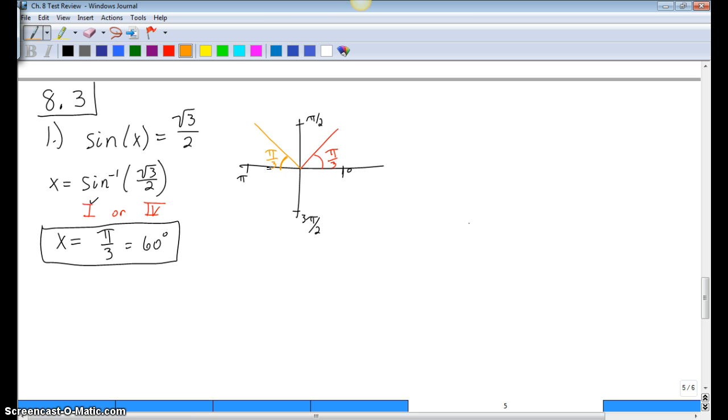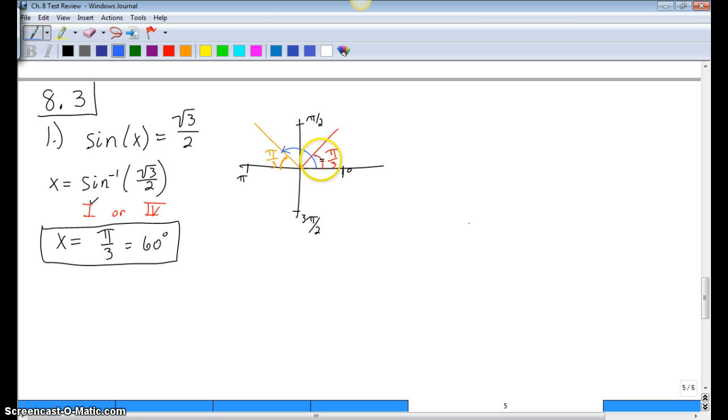So if you put pi over 3 in your calculator, you get square root 3 over 2. If instead you put in this blue value in your calculator, you'll still get square root of 3 over 2. Also, if you look at your unit circle, the x and y coordinates will be the exact same values.